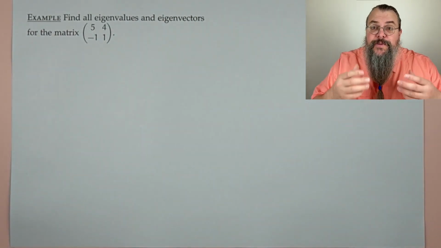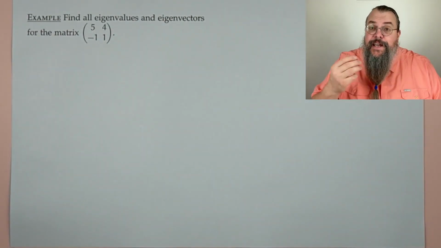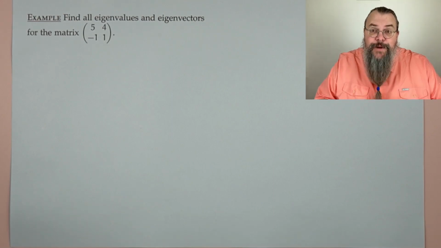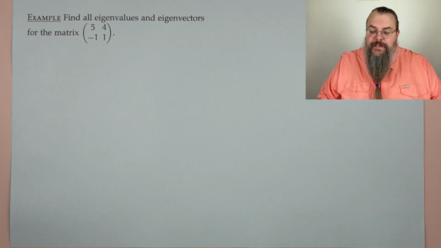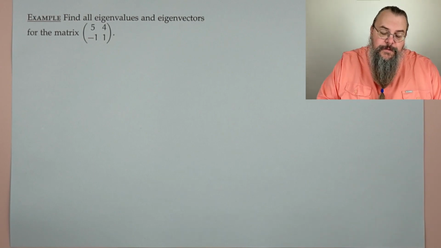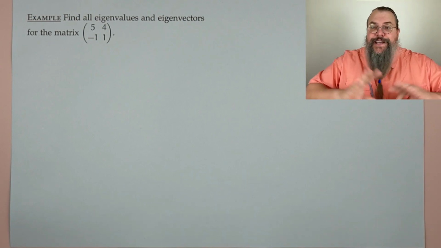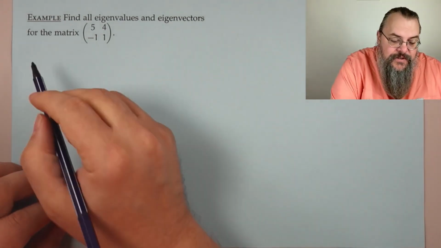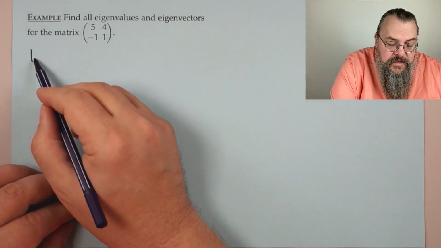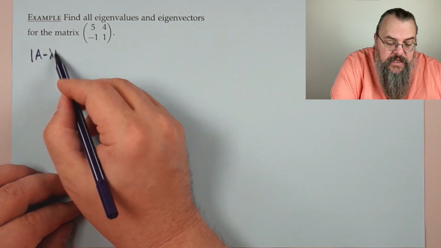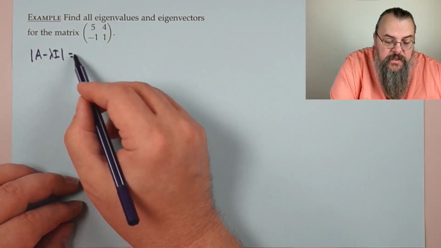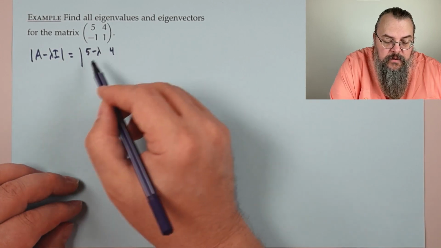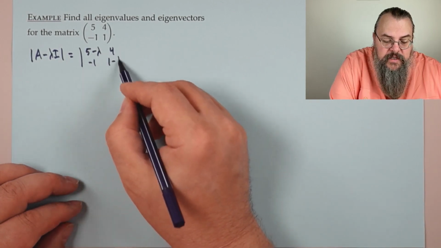So let's find all eigenvalues and eigenvectors for the matrix 5, 4, minus 1, 1. All right, well, we always start with eigenvalues. You can't find eigenvectors until you've found eigenvalues. So we take the determinant of A minus lambda I. Well, that's the determinant of 5 minus lambda, 4, minus 1, 1 minus lambda.